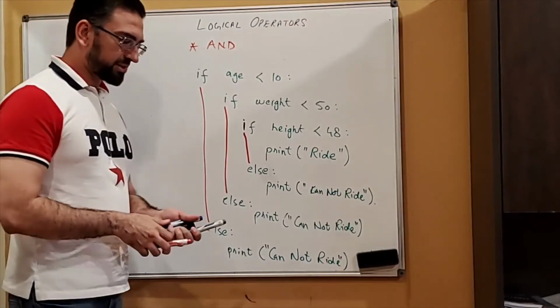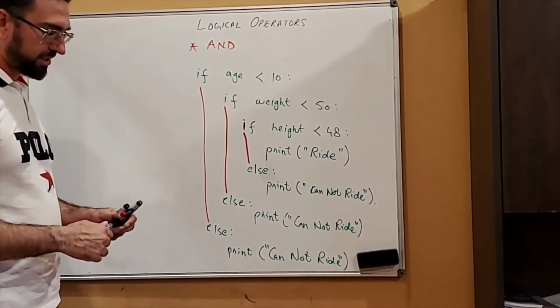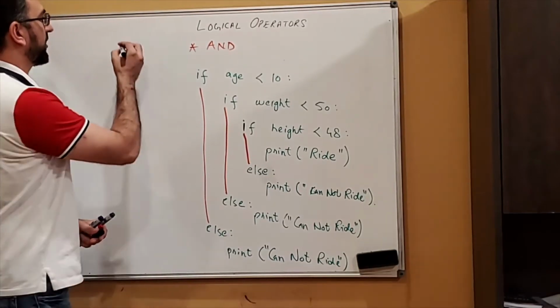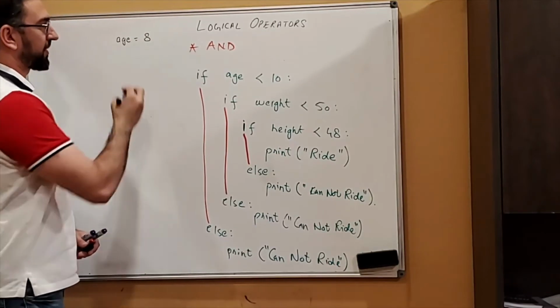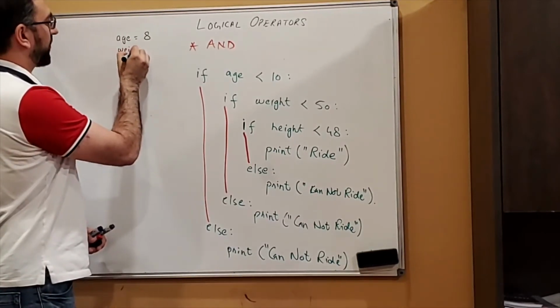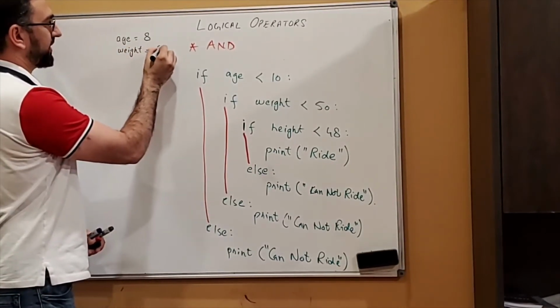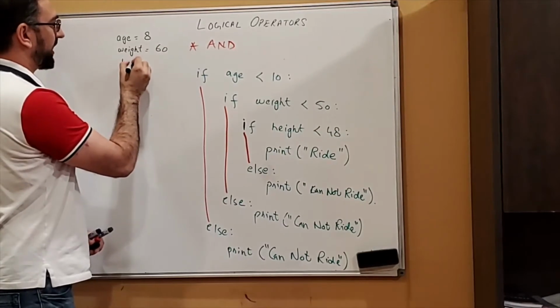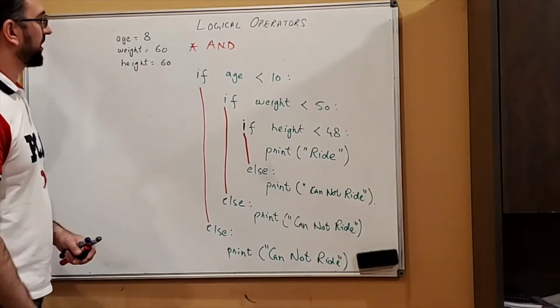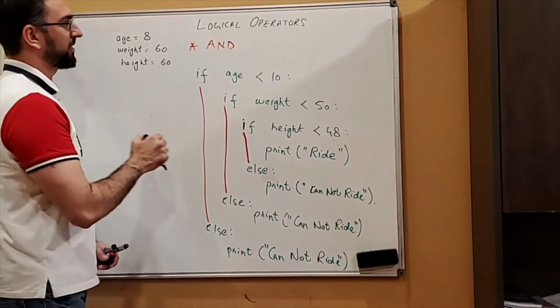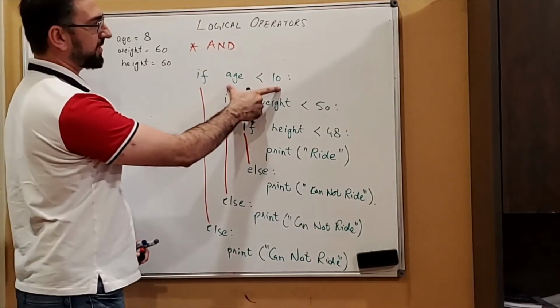Now let's consider a scenario where we have somebody whose age is 8, whose weight is 60, and whose height is 60 as well. All right, so what's going to happen in this case? The execution is going to come here.